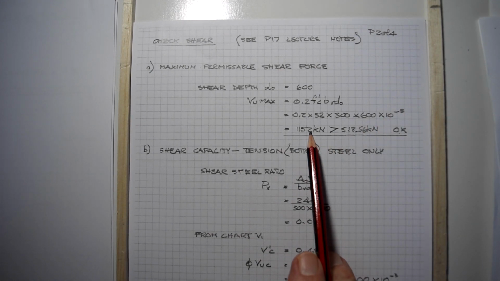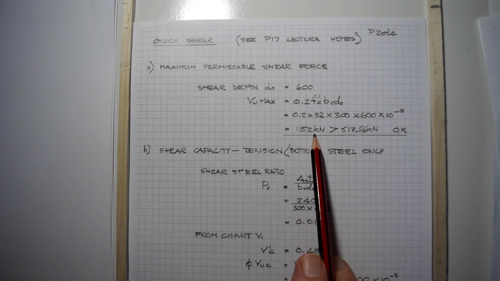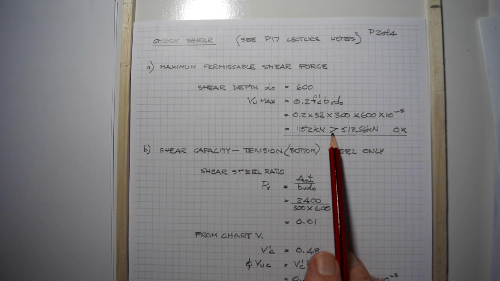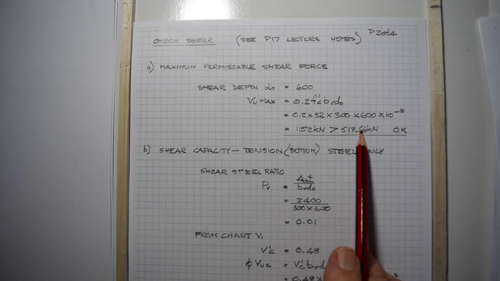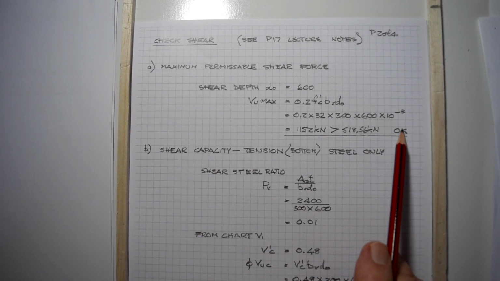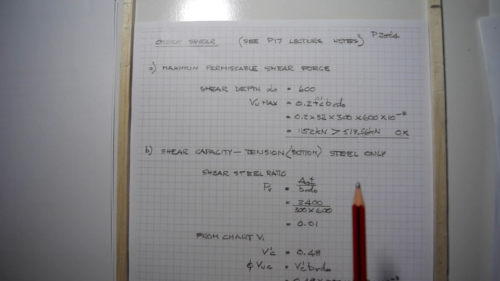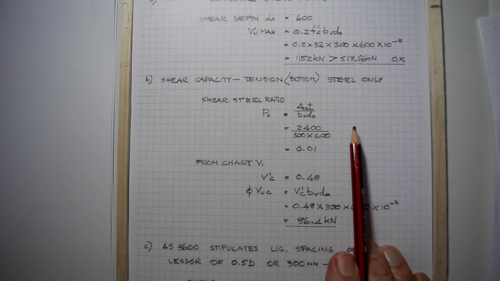So you can see that it can comfortably take a total shear force of up to 1152 kilonewtons, which is greater than the shear force that we've computed for this problem of 518.56 kilonewtons. So it is okay. The beam size is okay. You have to confirm that.